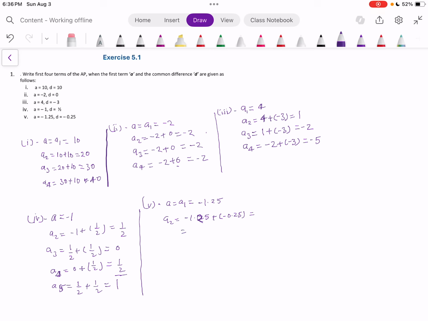So it is going to be negative 1.5. A3 is going to be the previous term, which is negative 1.5, plus negative 0.25, going to be negative 1.75. Then the next term is going to be the previous term plus the difference, negative 2. So these are the four terms.